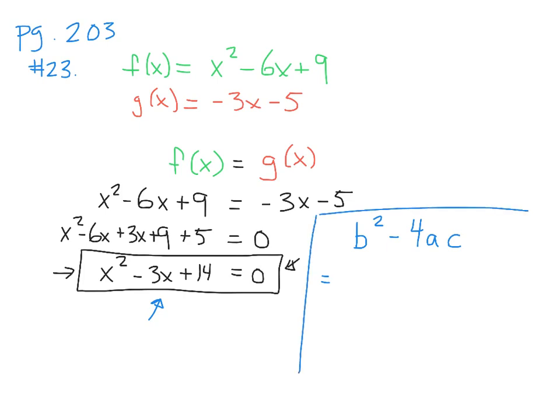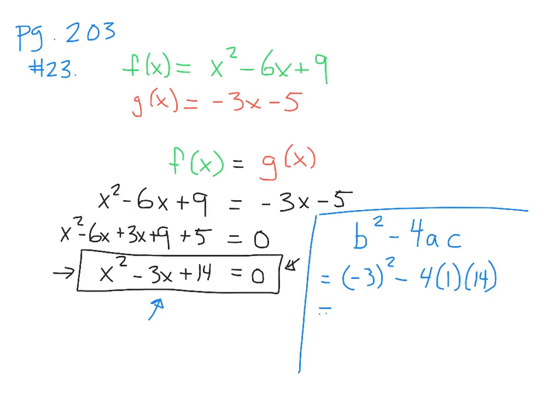If this number is 0, there's one answer. If this number is any positive number, there are two answers. And if the number is negative, then there are no answers. So let's plug this in and see what happens. B is -3, so that's my B. -3 all squared minus 4 times A, which is 1, times C, which is 14.